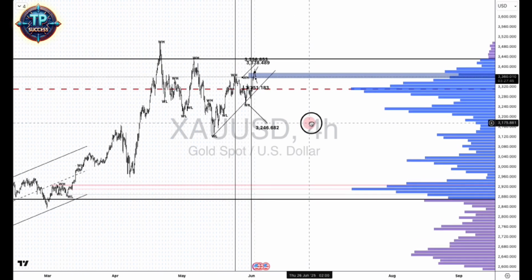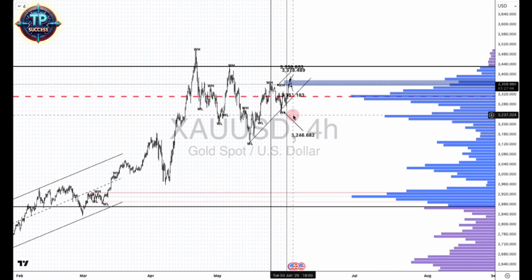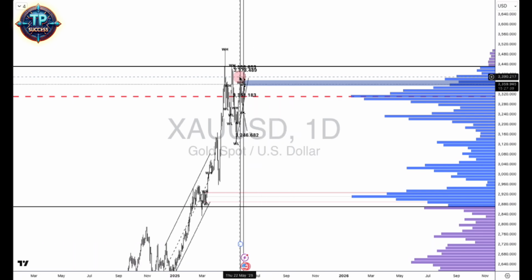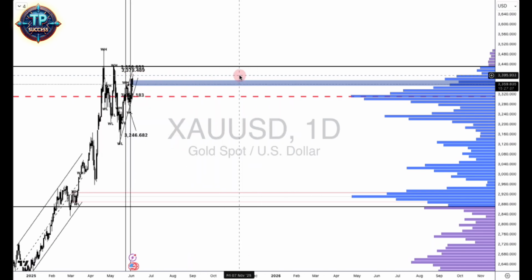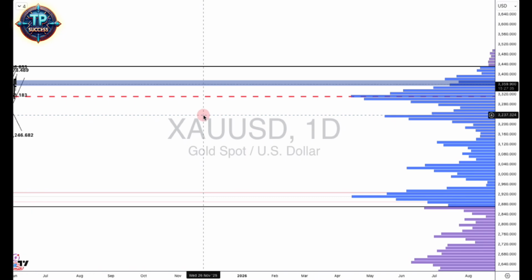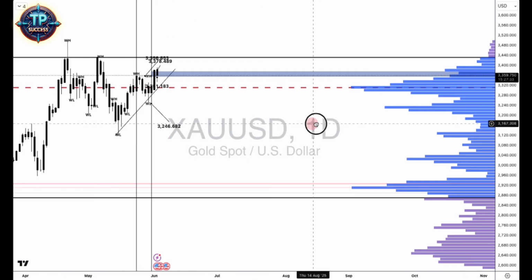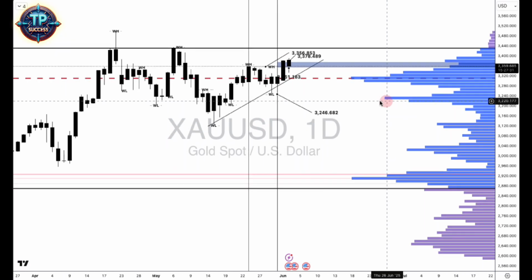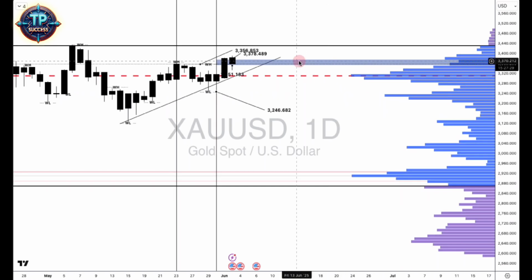Price is now inside of the high value area. Okay, let's see when we go to day. The day is following along with price being in the high value area. Okay, with the low value node, and we can see price is kind of like playing around in there right now.